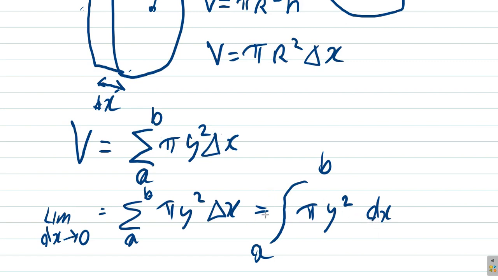Alright, but you get the idea. So the volume of revolution is the integral from the start to the finish of pi y squared dx. Alright, that is the general formula for the volume of revolution.